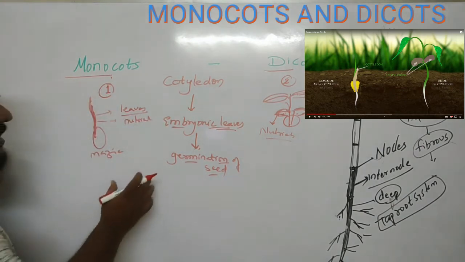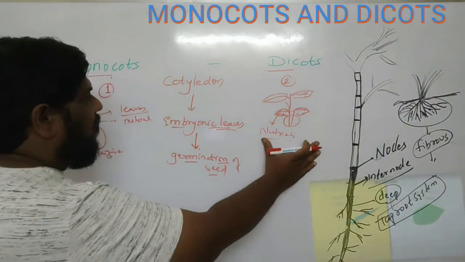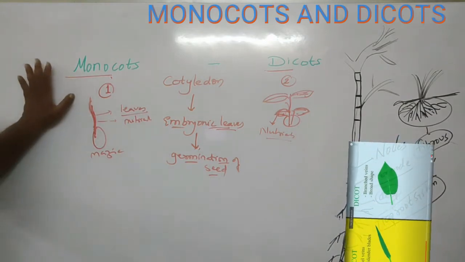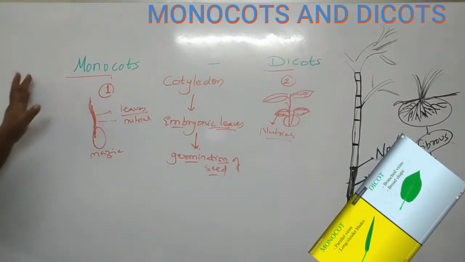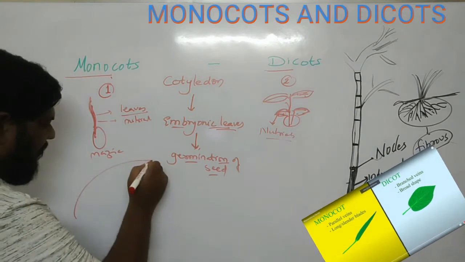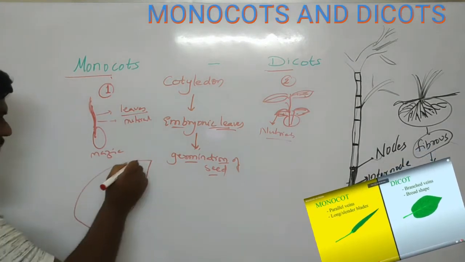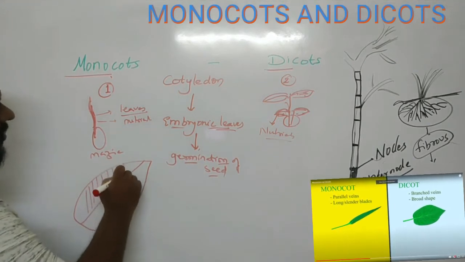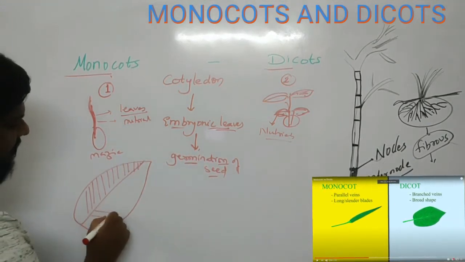Even the leaves which come out from the dicots and monocots are different. They are not similar. As we have discussed, what kind of venation will these leaves have? When I'm drawing, you can easily guess, right?